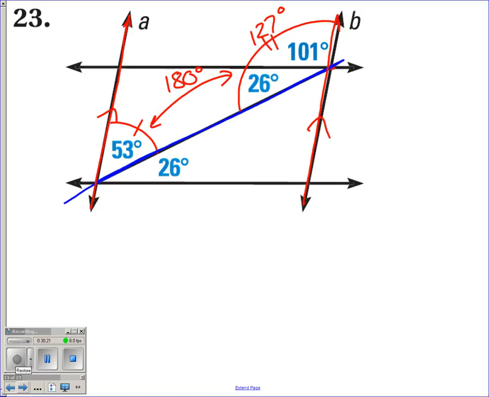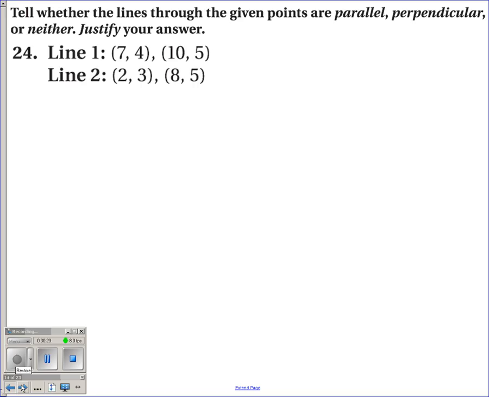Well, let's move on to section 4, and here we have the directions. Tell whether the lines through the given points are parallel, perpendicular, or neither. Well, let's review very quickly what it means to be parallel. Parallel, if you have two lines and their slopes are the same, well, that's parallel.